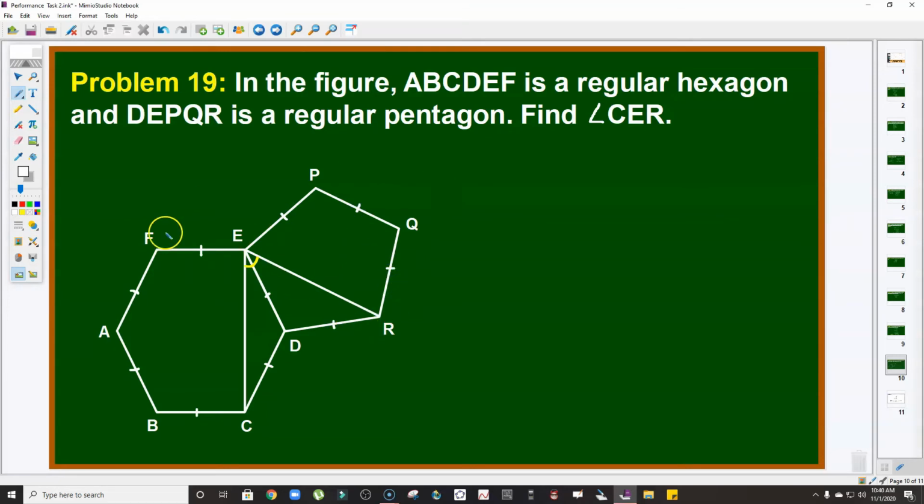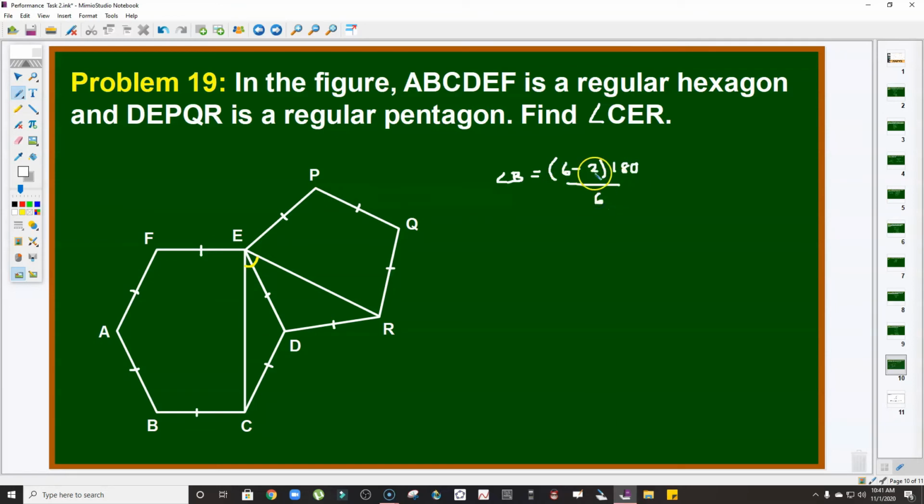See that? There you go. Now, what's next? Regular pentagon, regular hexagon, so therefore, equiangular siya. Right? And we know already, suppose angle B. Yung angle B natin sa regular hexagon, that's given by 6 minus 2 times 180 over 6.